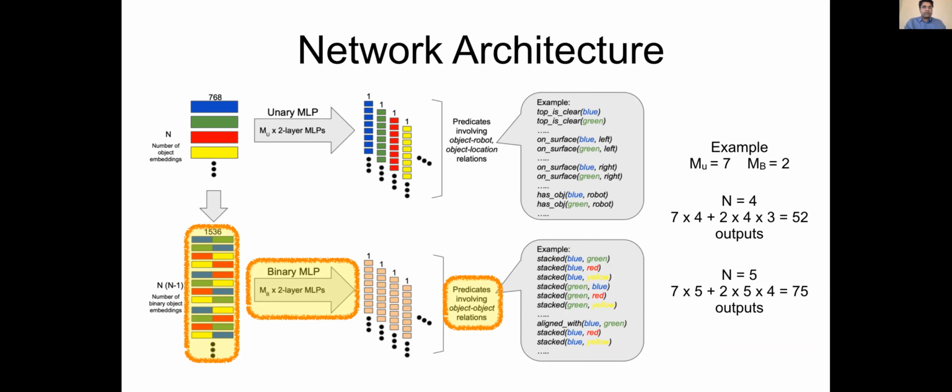You can think of these as a collection of predicates that talk about spatial relationships, as well as logical states that talk about the preconditions necessary for a particular task. As shown here, the network is flexible enough to account for a different number of objects in the scene. We do not constrain the number of queries or the number of predicates that we can output from this network.